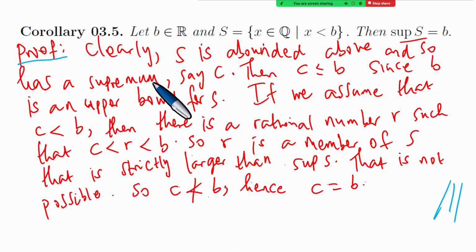But now we are saying, let B be a real number, and S be the set that contains X, which is an element of Q, such that X is smaller than B. So the set S contains some rational numbers X that are all smaller than B. In other words, B is sort of an upper bound of everything in S, because B is bigger than all the X's, and B is a real number.